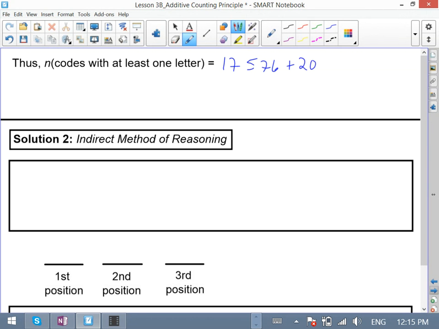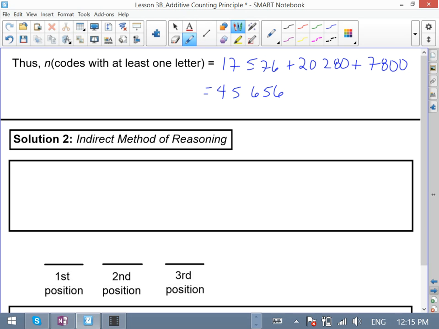To that, we're going to add 20,280 plus 7,800. So in total, we should end up with 45,656 different codes. So again, 3-symbol codes made up of numbers and letters with at least 1 letter, just over 45,000.